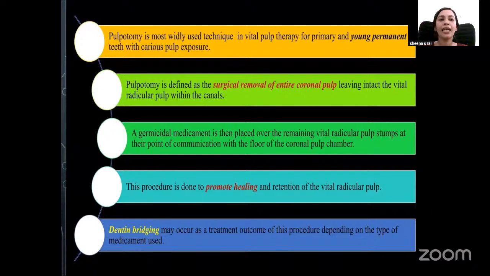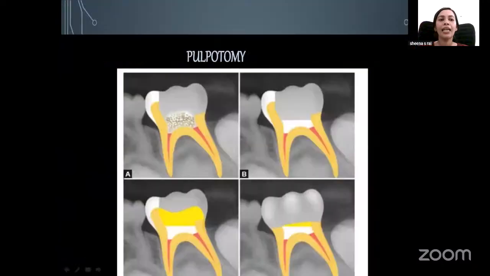So the vitality of the tooth is kept as such, and in turn it helps in the formation of the dentine bridge. In the image, the red color is the radicular pulp, and the pulp over here is removed. That is called pulpotomy, where the coronal pulp is removed and the radicular pulp is kept.